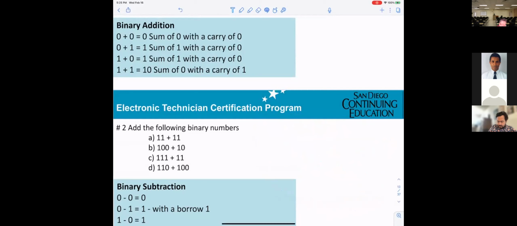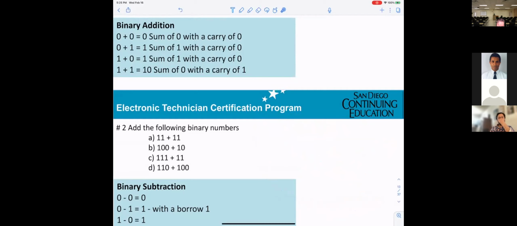So today I will go through binary addition. When you're adding A to B: 0 adding to 0, the sum equals 0.